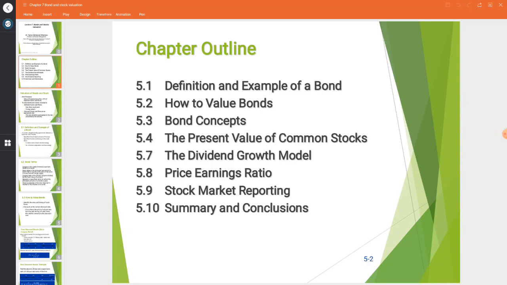Then we are going to explain how we could determine the present value of common stocks, investigating one of the important financial models. It is called the dividend growth model.